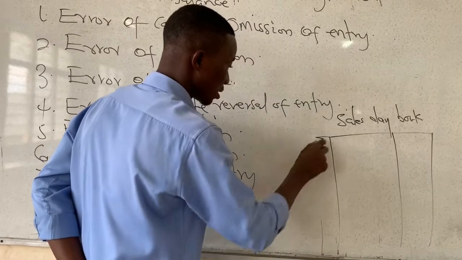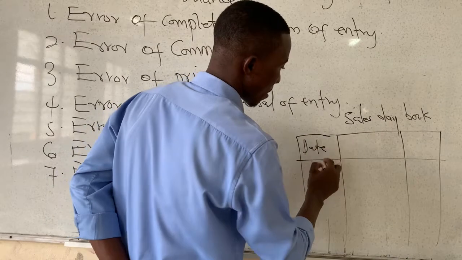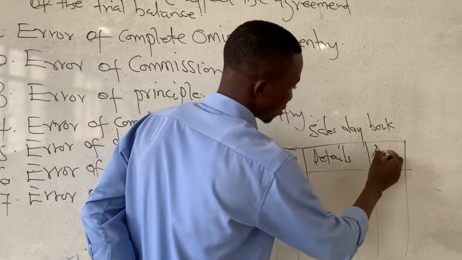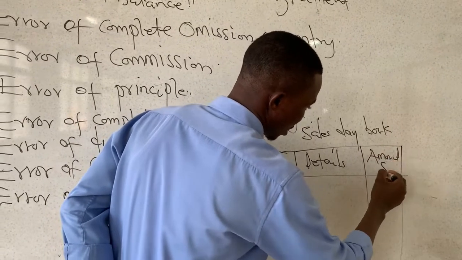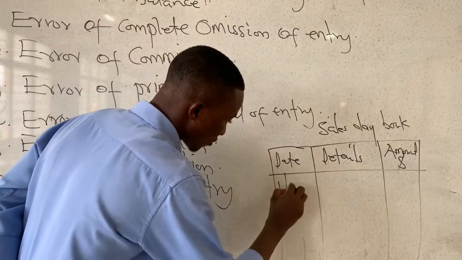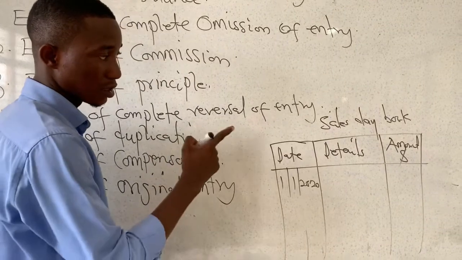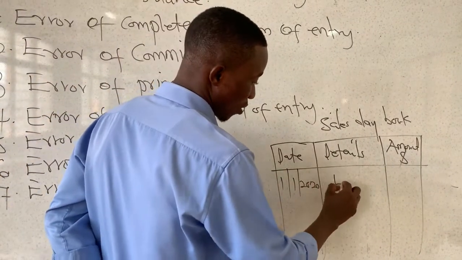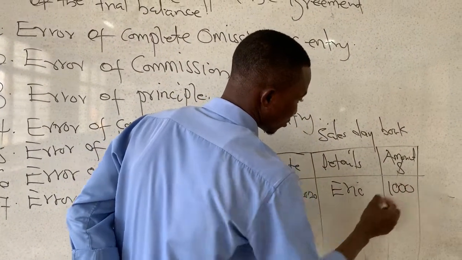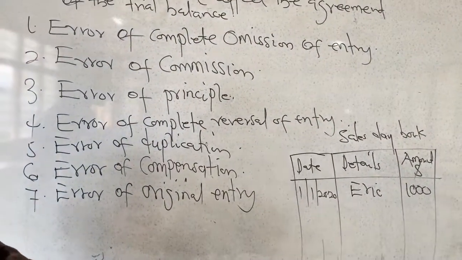So let's say you have your date, you have your details, you have your amount, let's say in dollars. Maybe this is 1st January 2020. This is sales, so sales to, let's say, Eric, $1,000. So this sales day book doesn't follow the double entry principle.